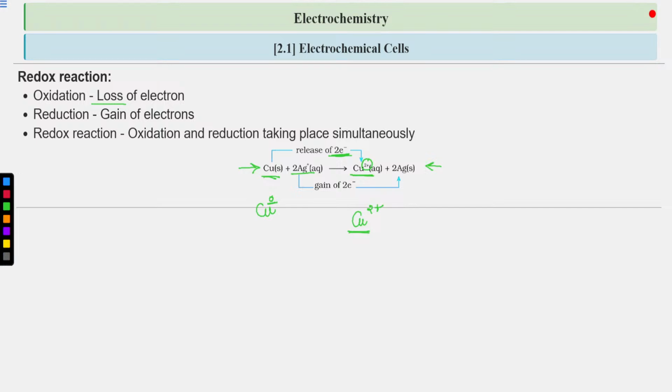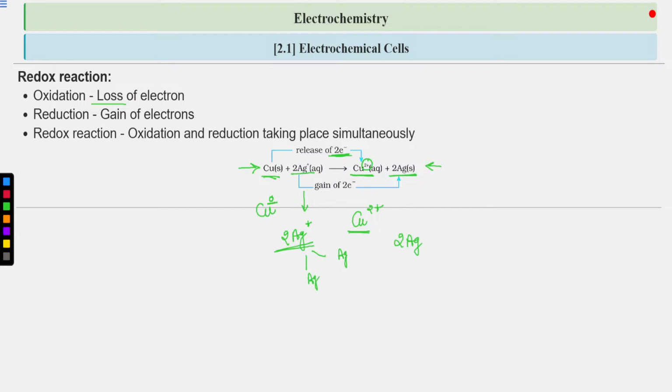Meanwhile, the silver ion is converting from Ag plus to Ag in the 0 state. Here we have Ag plus, and remember that a 2 is present. That means two Ag plus ions are converting to 2 Ag, right? That means each Ag plus is converting to Ag.